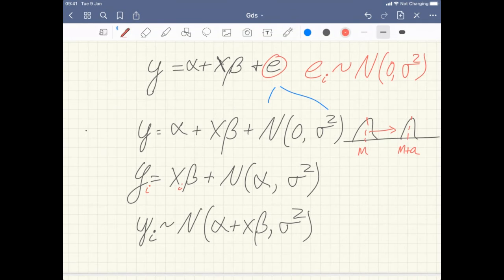So our errors have a mean of 0, and our alpha is a constant over all the observations. So when we add alpha to every error, that shifts the distribution but doesn't change anything else about it.